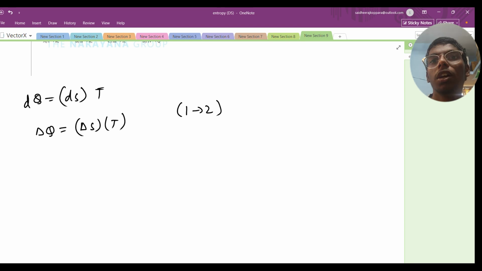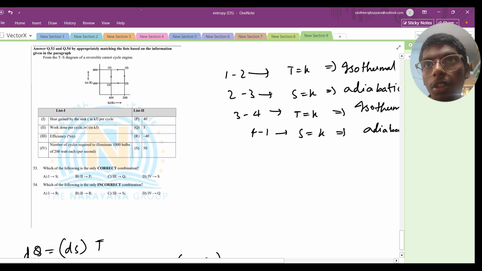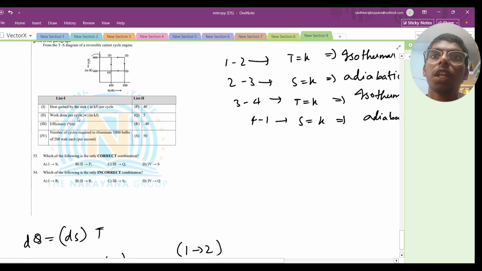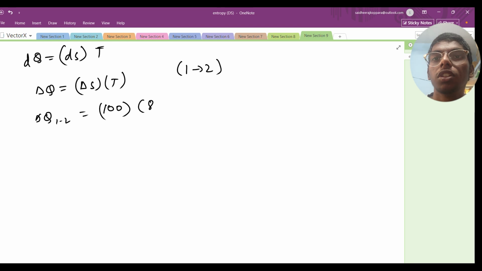From process 1 to 2, the temperature is 800 Kelvin and the change in entropy is 500 minus 400, that is 100, right? So Q from 1 to 2 is 100 into 800, that is 80 kilojoule.